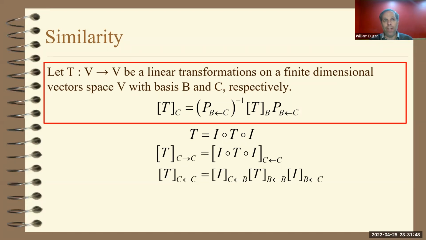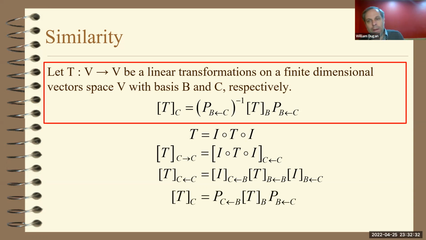It's the matrix of the identity transformation from B to C, times the matrix of T relative to B, times the matrix of I, the identity transformation, from C to B. Now, the matrix of the transformation from C to C is just the matrix of T relative to C. The matrix of the transformation T from B to B is just the matrix of T relative to B. The matrix of the identity transformation from C to B is the change of basis matrix from C to B. So then we get this.